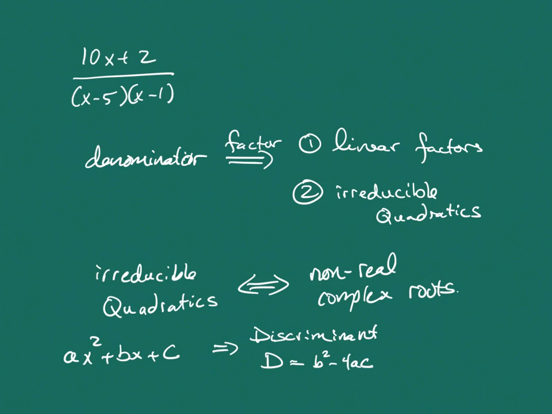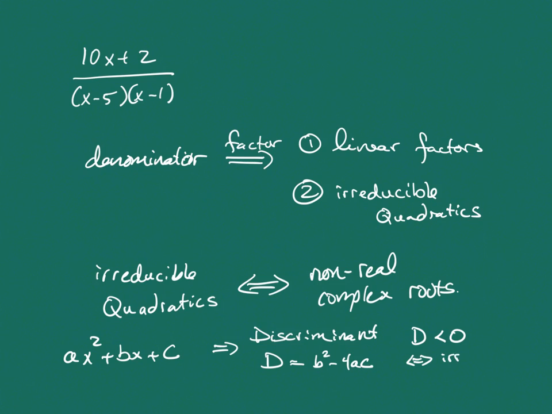If our discriminant was positive, then we knew we had two real roots. If our discriminant was 0, then we had one real root of multiplicity 2, and if our discriminant were negative, then that meant things were irreducible.